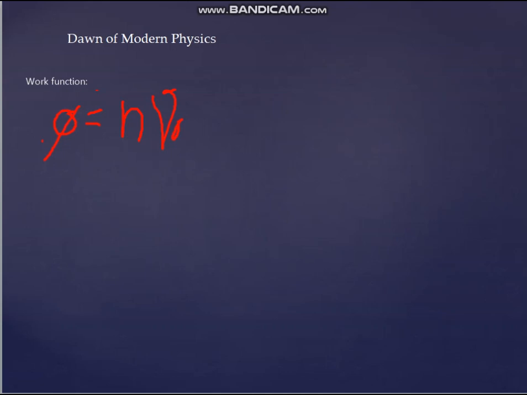So the minimum energy required to eject an electron from the surface of a metal is called the work function. And the excess energy will be converted to the kinetic energy of the photoelectron. So let's move on to Einstein's explanation of the photoelectric effect.